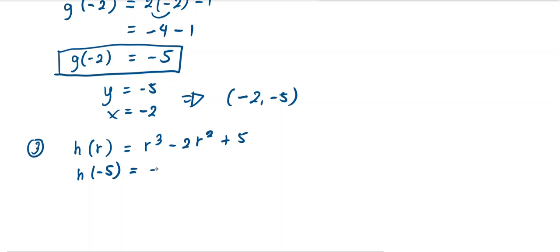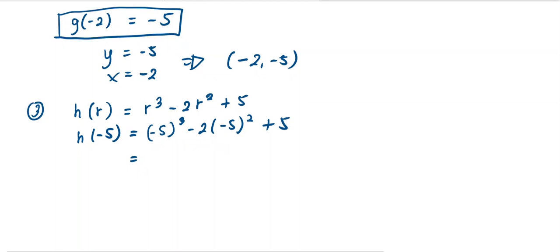So plugging in -5 to r, that will be -5 to the third power minus 2 times -5 squared plus 5. Now you have to cube the -5, meaning you're multiplying it by itself 3 times. So -5 times -5 is positive 25 times -5 is -125.